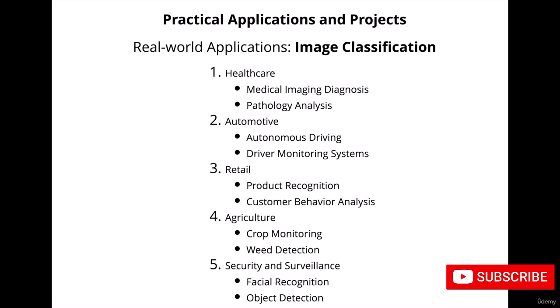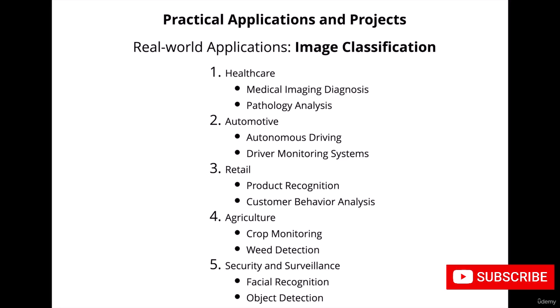Image classification models analyze customer behavior and demographics based on surveillance camera footage in retail stores. This helps retailers understand customer preferences, foot traffic patterns, and shopping behaviors to optimize store layouts, product placements, and marketing strategies.